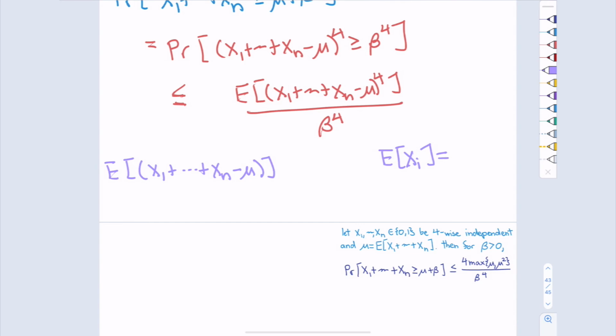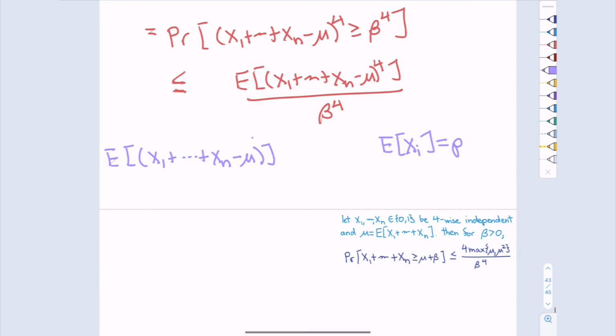They all flipped heads with probability p. You can generalize it to where they have different p's for different i's as long as the average is the same, but I just want to keep it simple. So I'm looking at this 4th power, which is the expected value of the sum.